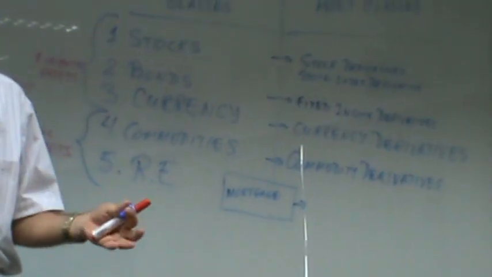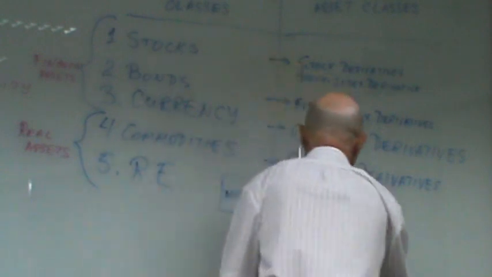Okay, so back to real estate. The financial instrument is called mortgage, and the respective derivatives are called mortgage derivatives. Mortgage derivatives.